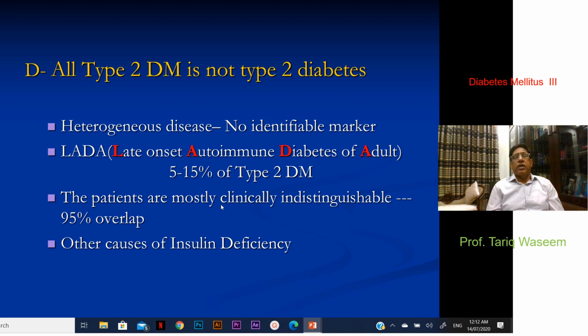Type 1 diabetes is an autoimmune destruction of the pancreatic islet cells, and usually starts in the juvenile age group, but sometimes it may start in some individuals at a slightly later stage. These patients are difficult to distinguish from true type 1 diabetics, or sometimes this diabetes has been labeled as diabetes 1.5. Type 2 is diabetes of insulin resistance, type 1 is diabetes of autoimmune insulin deficiency, and this comes midway between these two states.